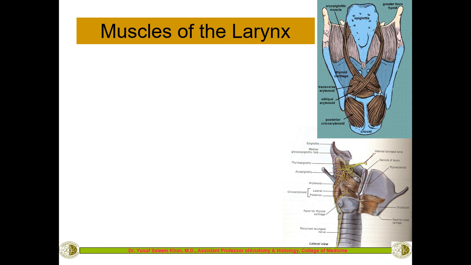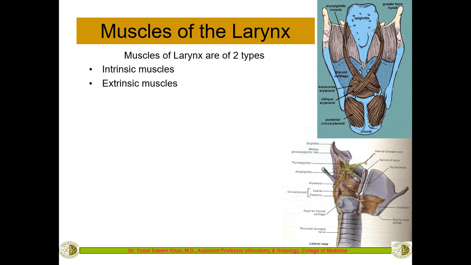Okay. Coming to the muscles of the larynx. The muscles of larynx are of two types. One is intrinsic, the other one is the extrinsic type. First we'll name them initially, then we'll discuss in detail about these muscles.